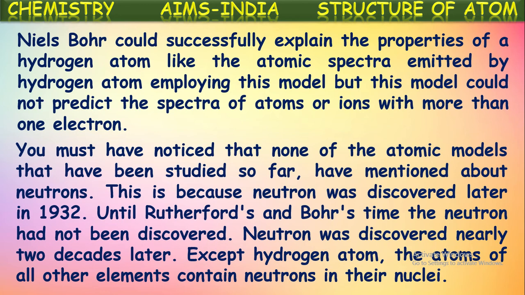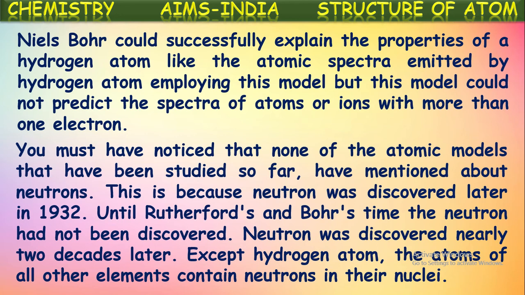This is because the neutron was discovered later, in 1932. Until Rutherford's and Bohr's time, the neutron had not been discovered. While they were giving their atomic models, neutrons were not yet discovered.